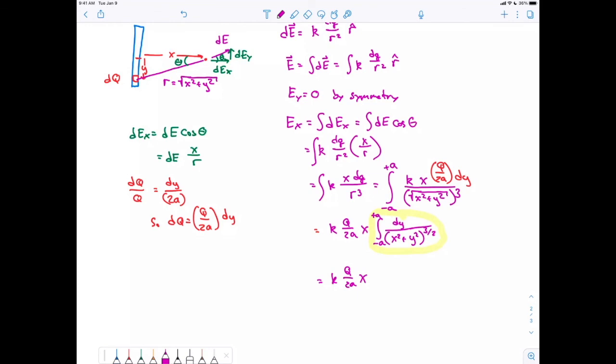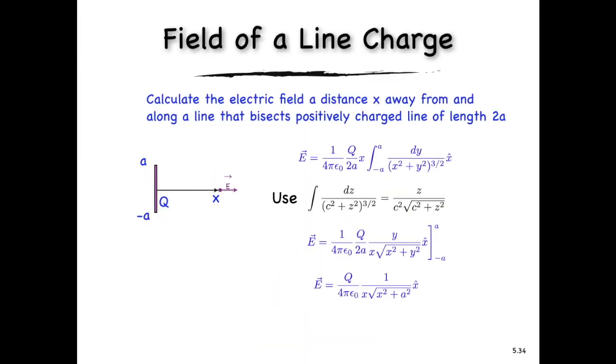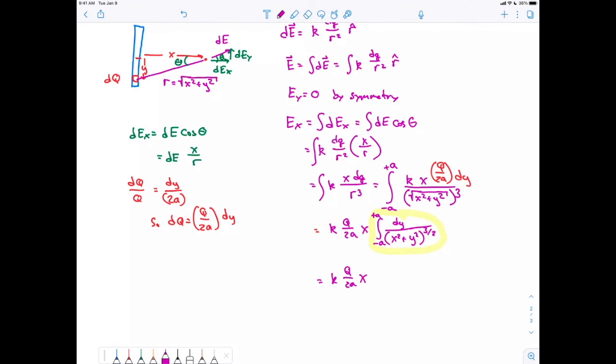let's see, in black there, you can see an analogous integral that gives me the result that I'm after. So when I do that, I'm going to get a y over x square root of x squared plus y squared.